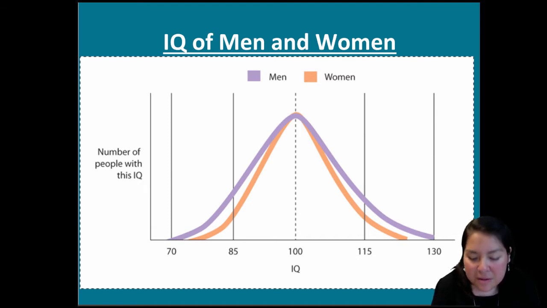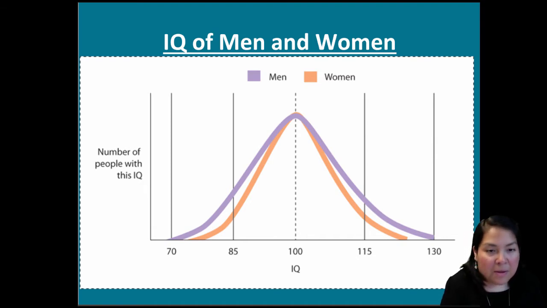This graph plots IQ scores of both men and women. From this graph, we are able to tell that there is more variability in men's IQ scores compared to women's. The men's is the purple line and the women's is the orange line. Here we see more variability.